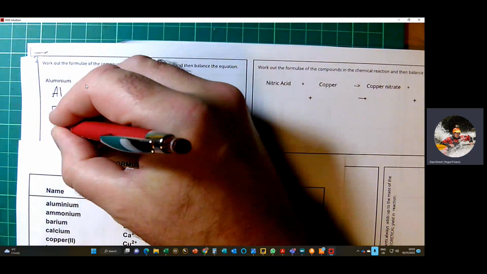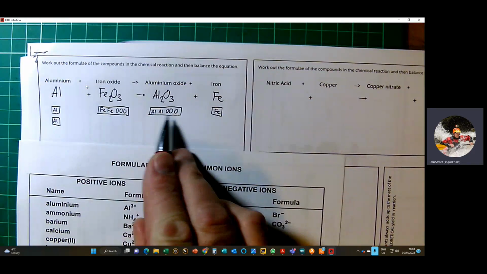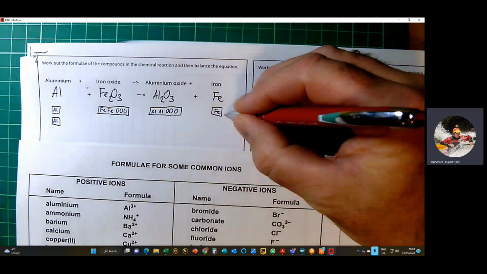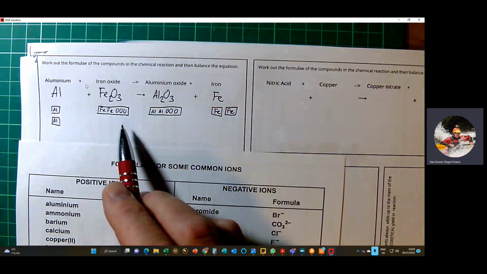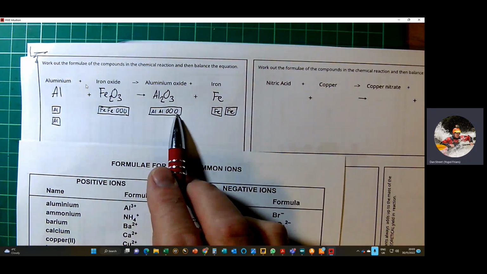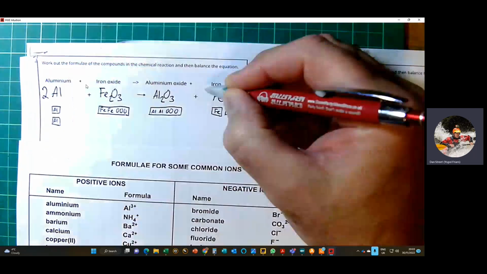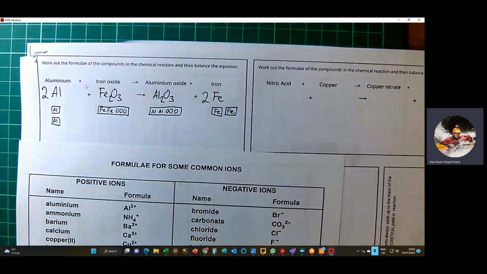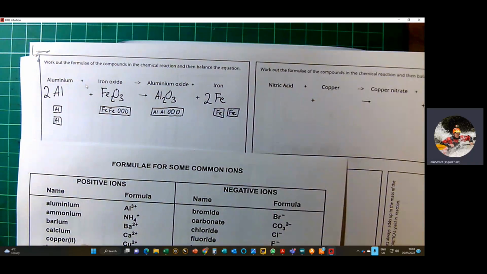So we need to add in an extra aluminium. We've got 2 irons here, and 1 here. So if we put an extra iron there, that makes life better. We've got 3 oxygens and 3 oxygens. So this one balances a little easier. So we need 2 aluminiums and we need 2 irons. Okay, so that's 2 alternative ways of doing this particular equation.